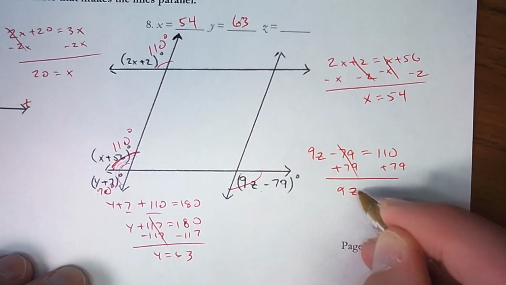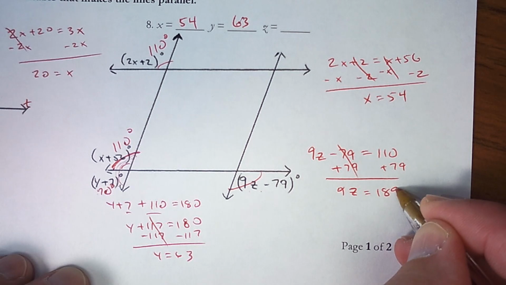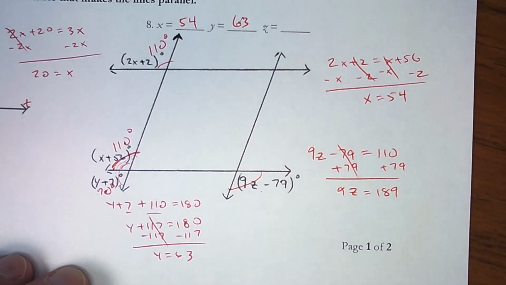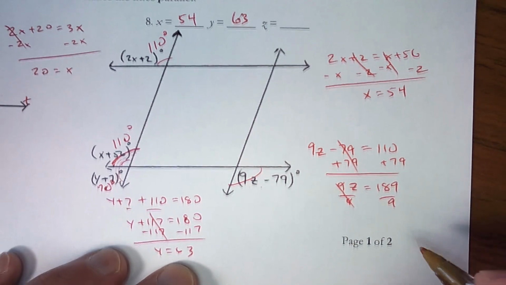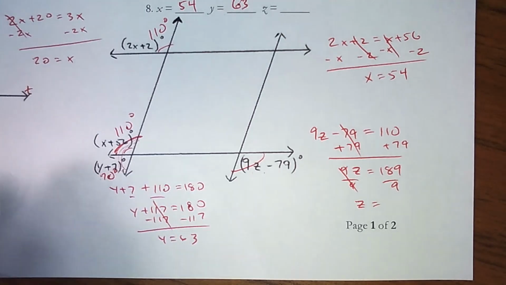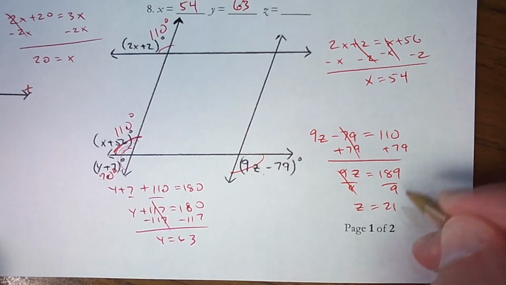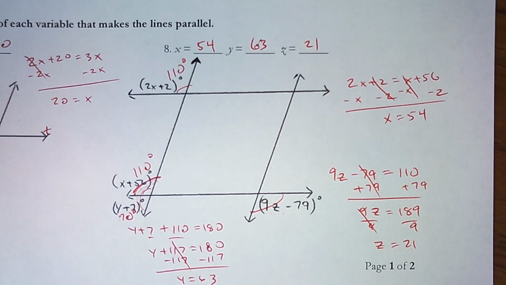I get 9z equals 189. Okay, then I will divide by 9 and get z equals, 189 divided by 9 is 21. So there's my values of x, y, and z.